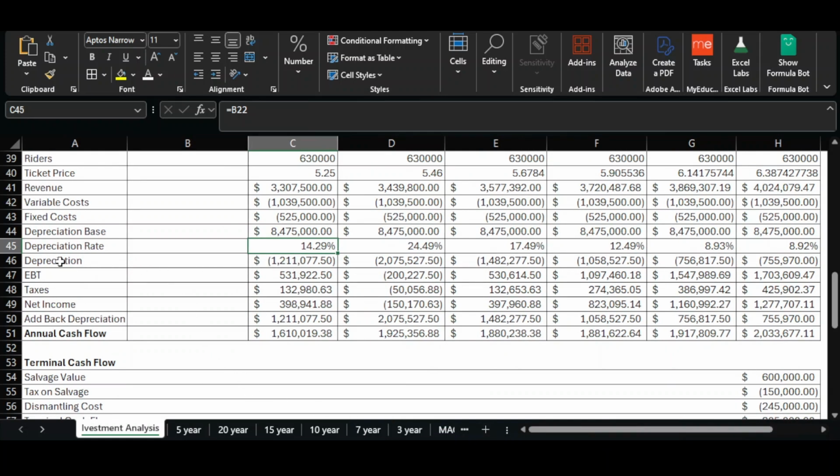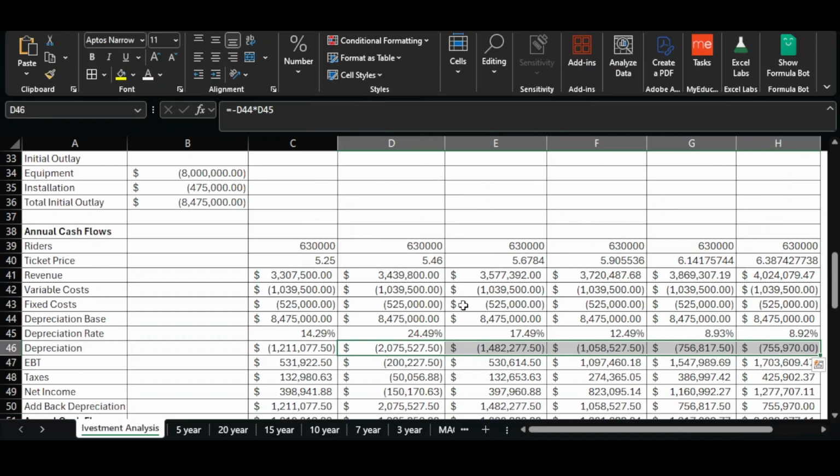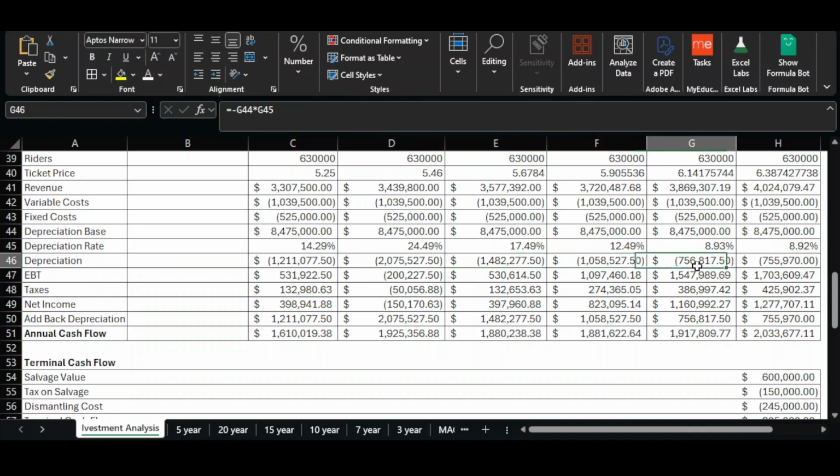And so the depreciation item right here, in the next row, is simply getting that amount, which is 14.29% of 8.475 million, and the result of that is 1.211 million. And you'll see that even in the formula right there. See, they are just multiplied to each other. And they are the same across all the rest of the columns for different years. This is year 2, year 3, 4, 5, and 6. They have the same logic.